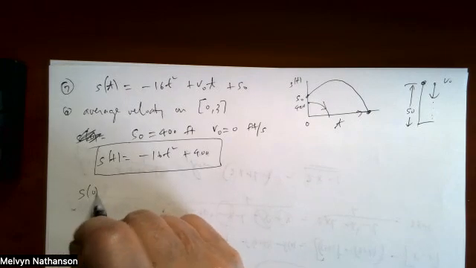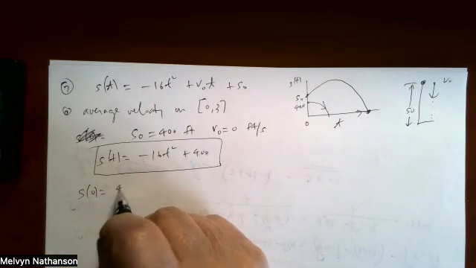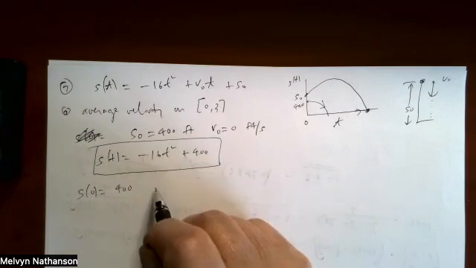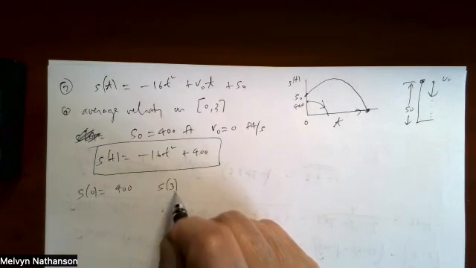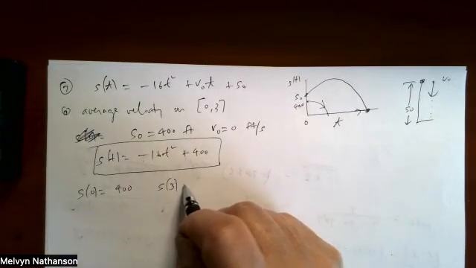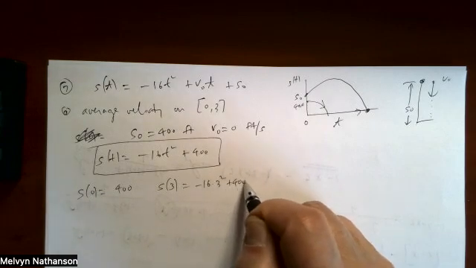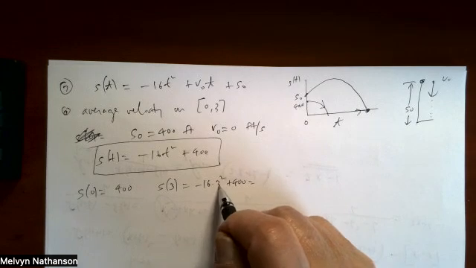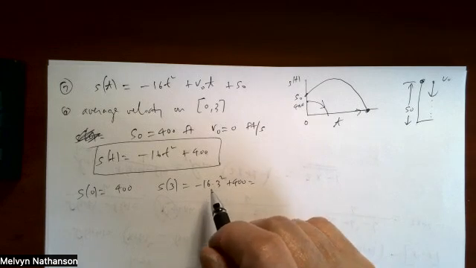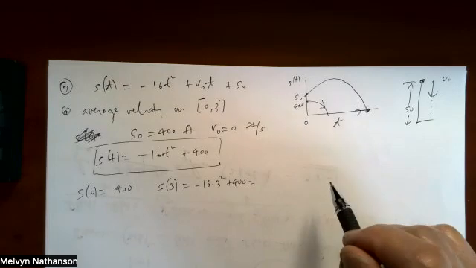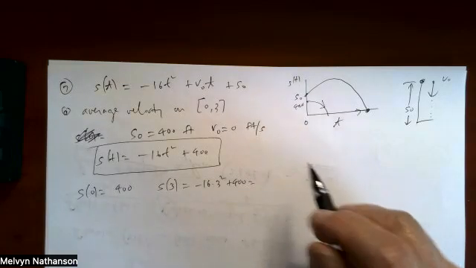So at time 0, s of 0 is 400. 3 seconds later, the position at time 3 is minus 16 times 3 squared plus 400. Let's see, this is 9 times 16, 144.